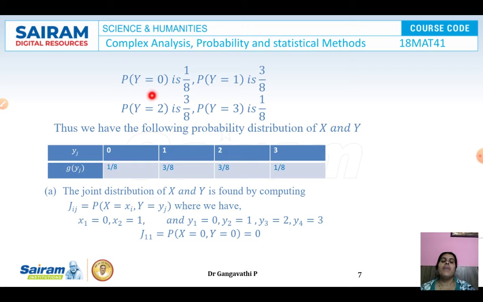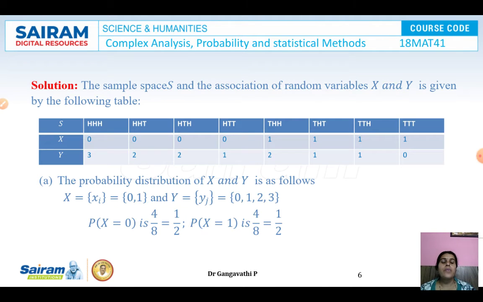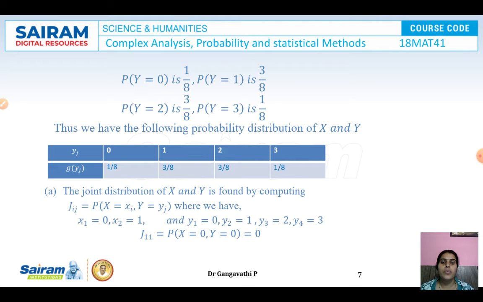Similarly, P of y is equal to 0 means the probability of 0 heads appearing. How many outcomes have 0 heads? It is only 1 outcome, so the favorable case is 1, and the total number of outcomes is 8. Probability of getting 1 head: there are 3 such outcomes. If you observe here, this is one outcome, this is another, this is another, where there is only 1 head.